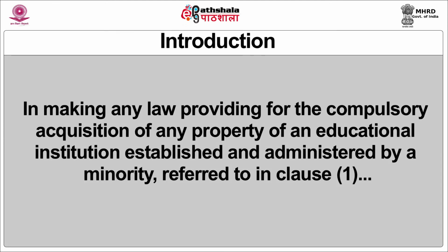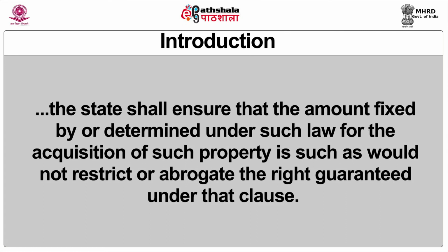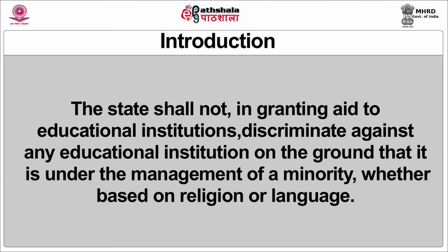In making any law providing for the compulsory acquisition of any property of an educational institution established and administered by a minority referred to in Clause 1, the State shall ensure that the amount fixed by or determined under such law for the acquisition of such property is such as would not restrict or abrogate the right guaranteed under the clause. 2. The State shall not, in granting aid to educational institutions, discriminate against any educational institution on the ground that it is under the management of a minority, whether based on religion or language.